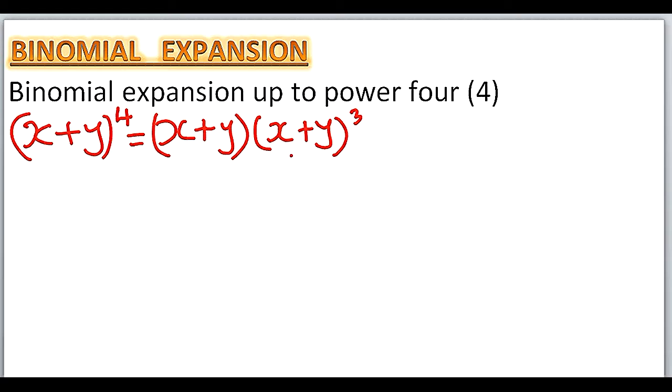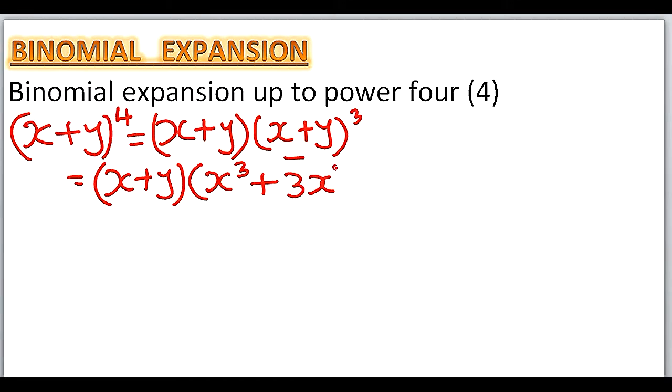We have already expanded this when we had the index equal to 3. So we can replace it here and say this is equals to (x plus y) times our expansion, which was x to power 3 plus 3x squared y plus 3xy squared plus y to power 3.